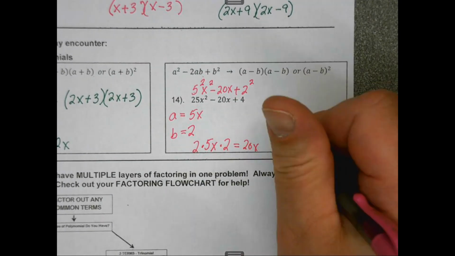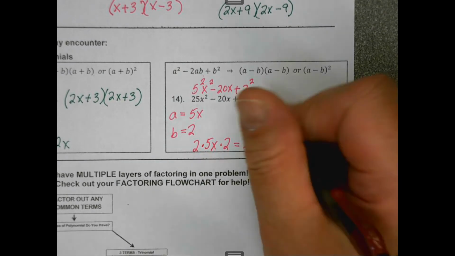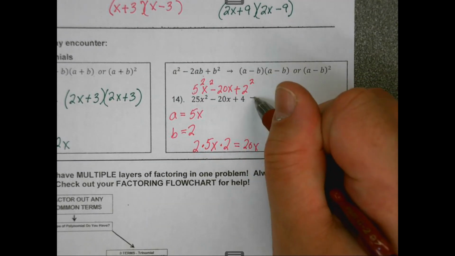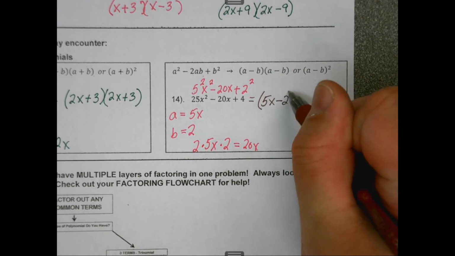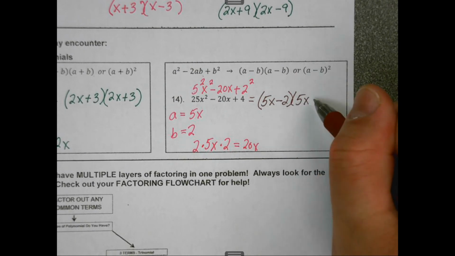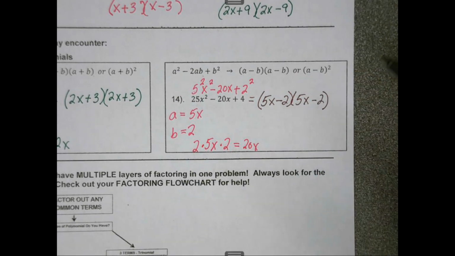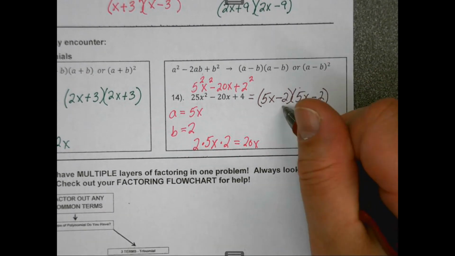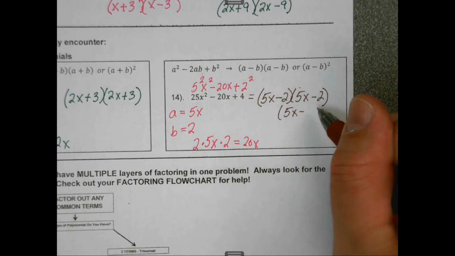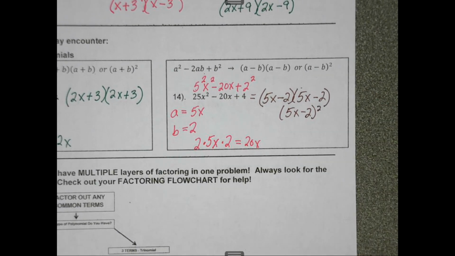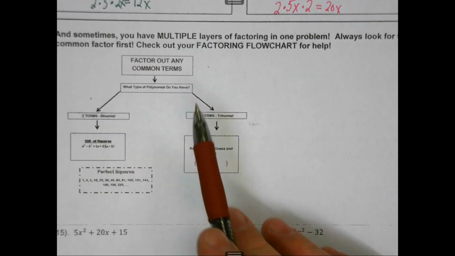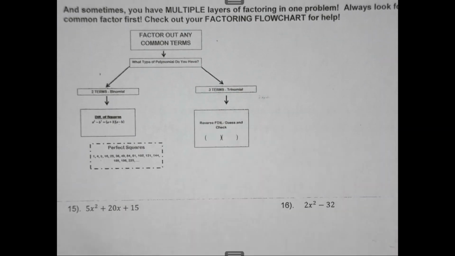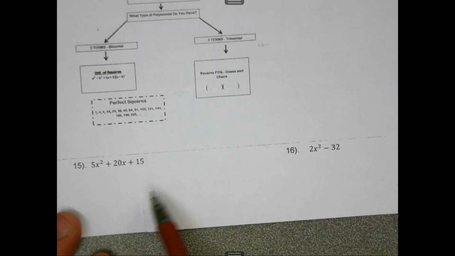So this is going to factor to A minus B, so 5x minus 2, and 5x minus 2, or 5x minus 2 squared. All right, this was the little chart. Don't forget about that.